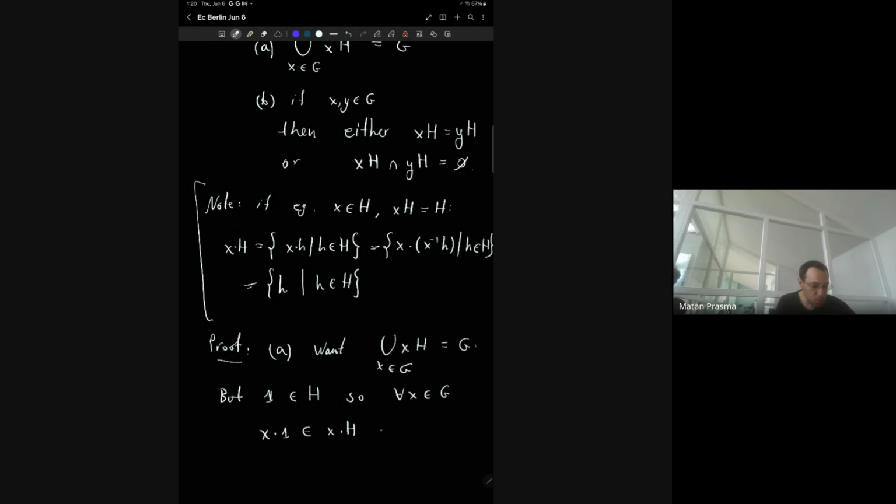So the union of all xH is already G, right? Because I took a general element x, and I can express it as an element in some coset, namely the coset of H with respect to x.